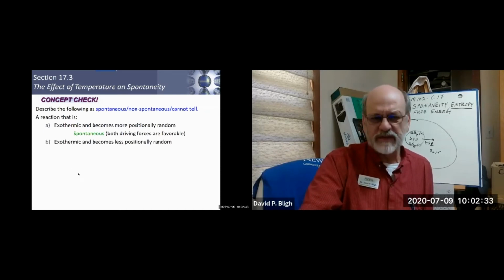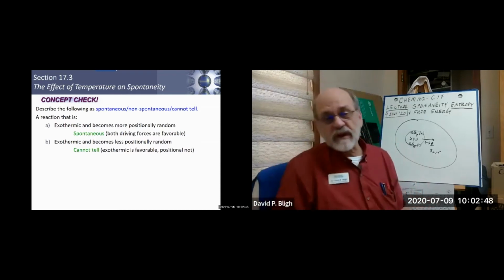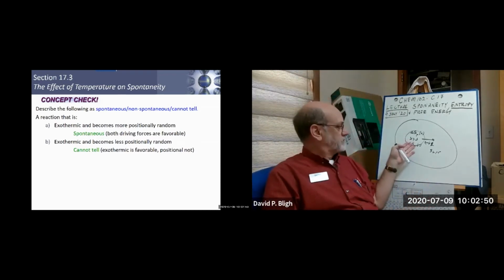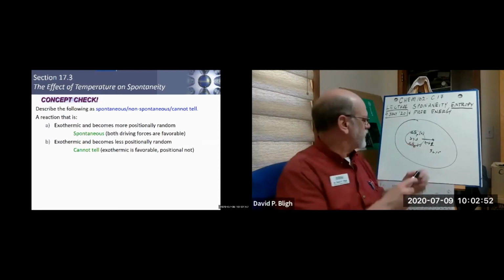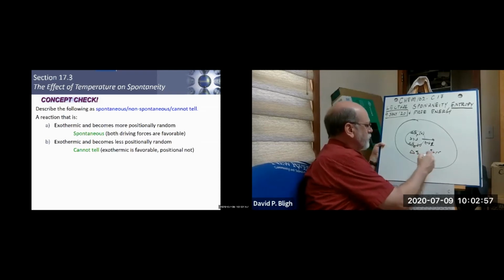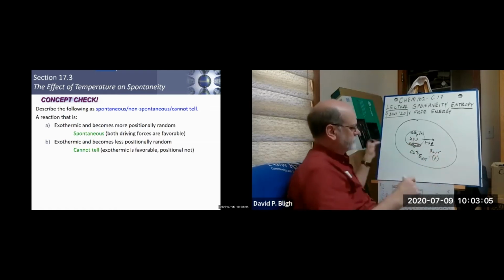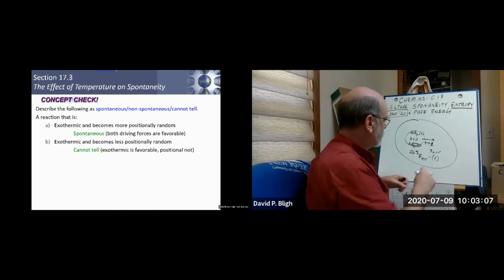Let's see if the next one makes any sense. If it's exothermic and becomes less positionally random, based on their definition, I would say you can't tell. Exothermic is favorable. That's the only thing that's possible if you say delta S for energy total.